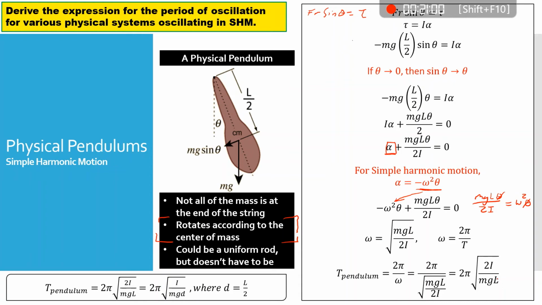L over 2 is the length from the pivot point to the center. So what is L total? Just the length from the end to the other end. Right, so L is just the length from end to end.